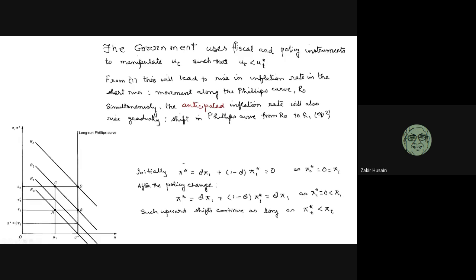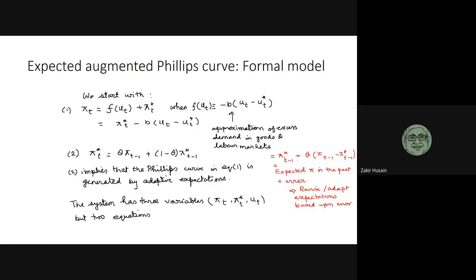So if you go back to 1, if U t is less than U star, the term in brackets is negative. You have a negative sign in front, so this is positive. So that means pi star will be above the expected rate of inflation, right?